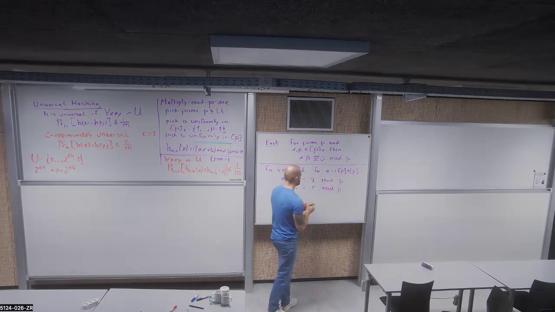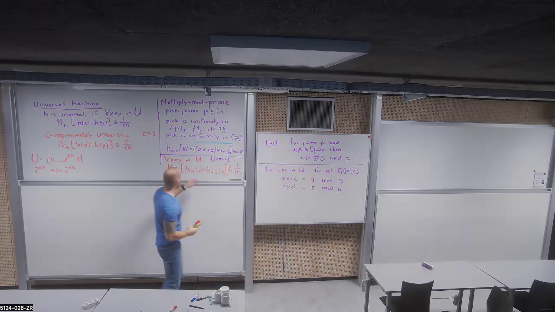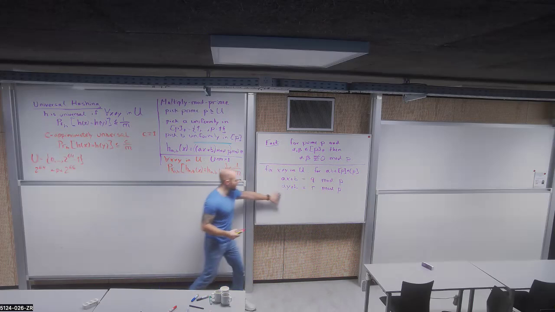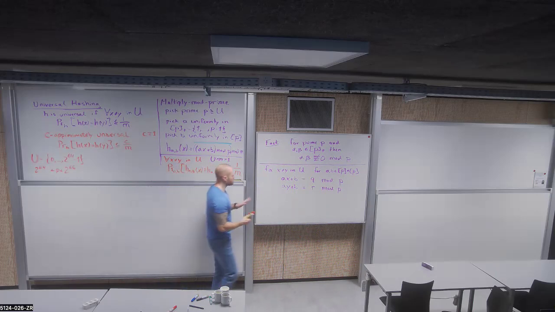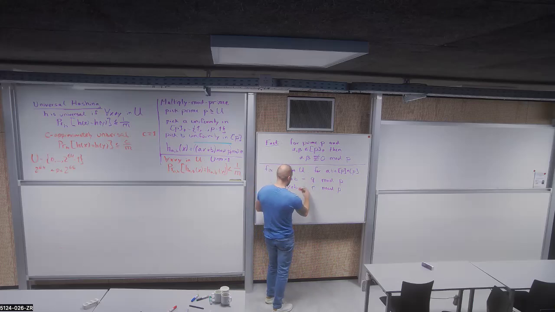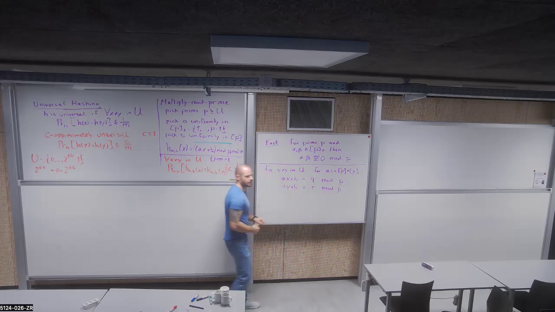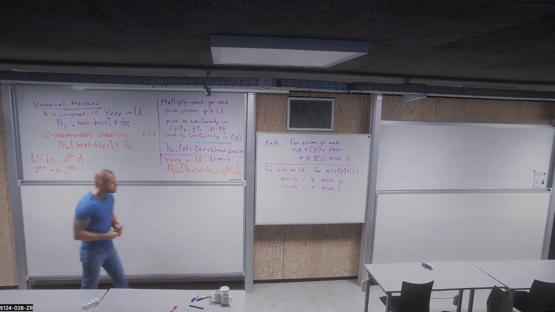Basically what I'm saying is, as soon as I choose my a and b, this gives a value of ax plus b and a value of ay plus b. So these are the values that I would get if I only did mod p, if I didn't do the last part of the hash function. We would like to try and argue something about what these pairs q and r look like for different a's and b's, and so on.